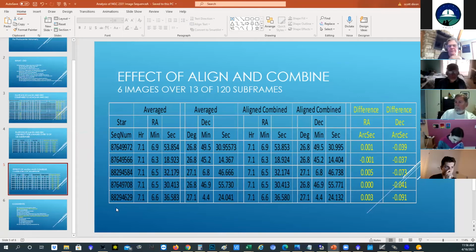I have some hunches about why that's true, but I can't 100% tell you why that happens. I spent a month or two doing align and combines, and I was quite surprised that it didn't help. It doesn't seem to help.